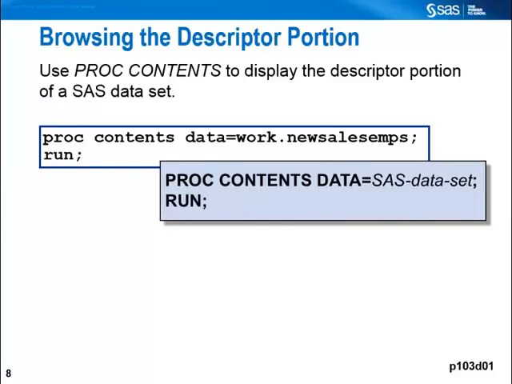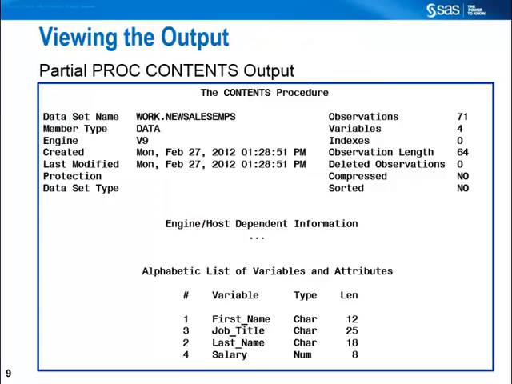After we run this program, we see an output like this, where we have the dataset name, observation number, variable number, date it was created, and when it was modified. After that, we have engine or host dependent information, which is not necessary at this point. And then we have an alphabetic list of variables and attributes.